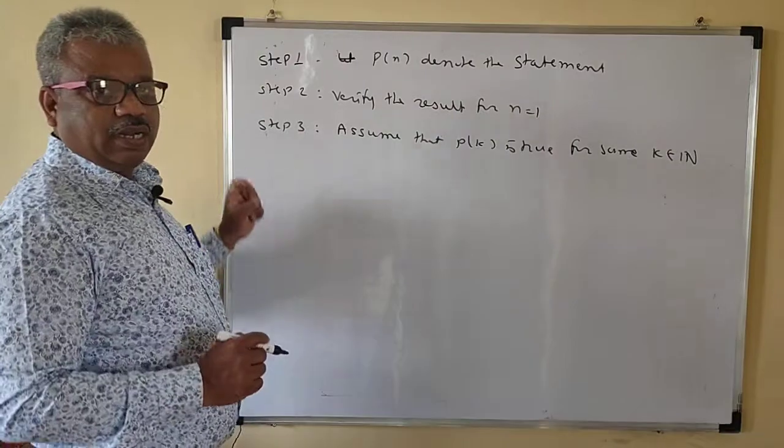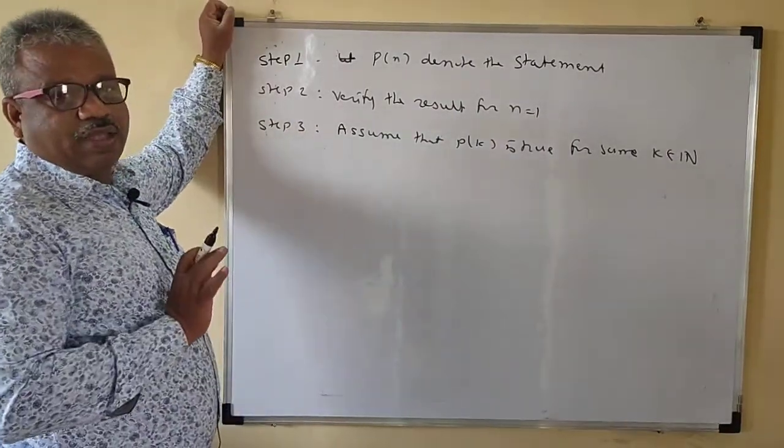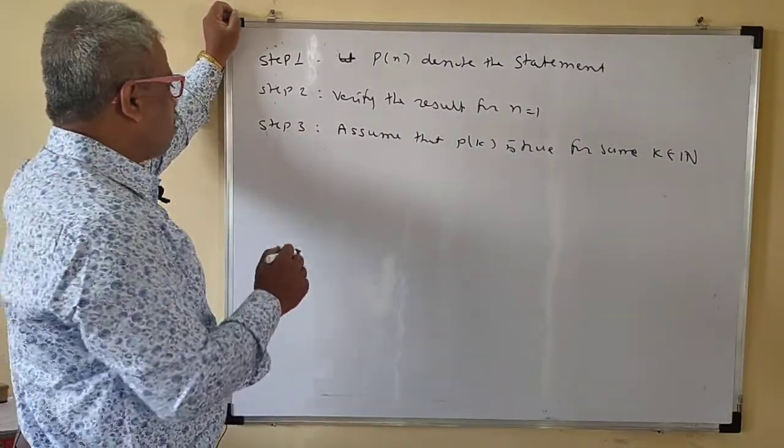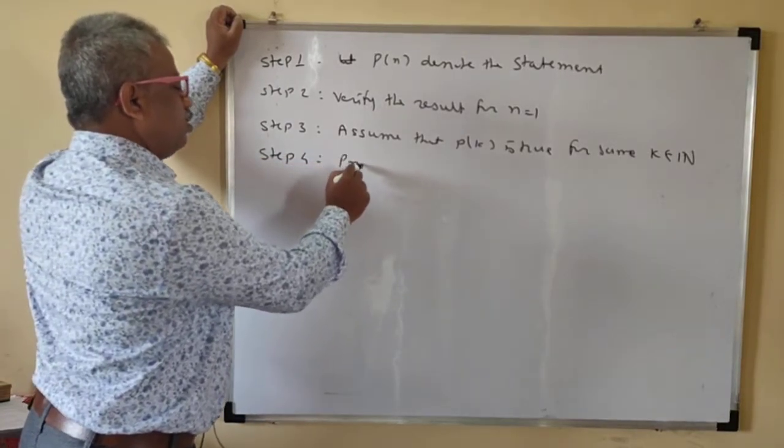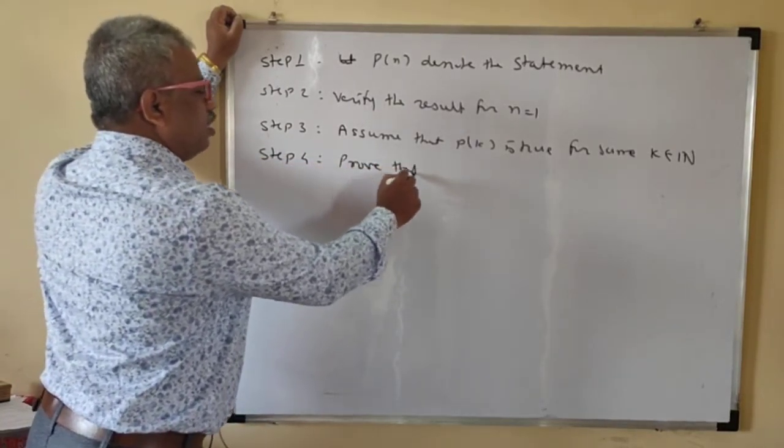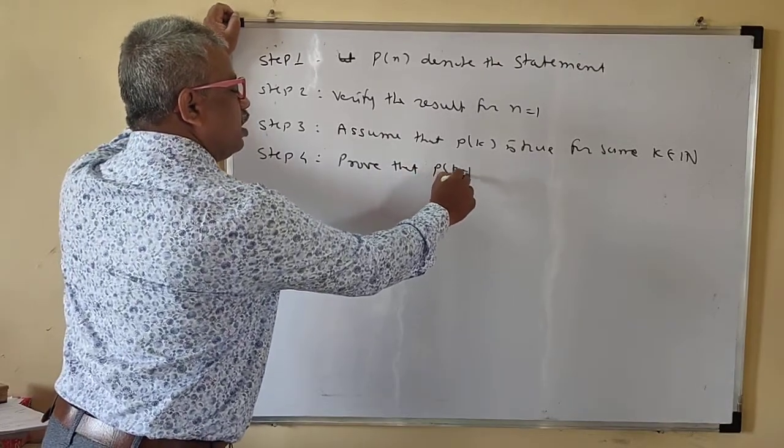Only if n is a natural number can you apply mathematical induction. We will see in the problem. Now step 4: prove that Pk plus 1 is true.